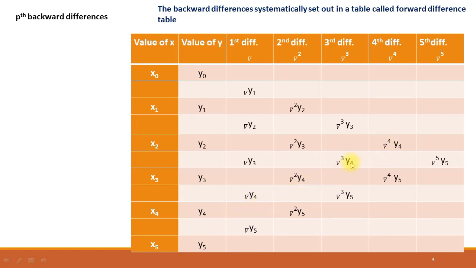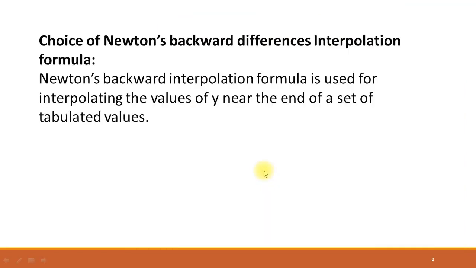So this is the second difference between the Newton forward and backward differences interpolation formulas. So the Newton backward interpolation formula is used for interpolating the value of y near the end of a set of tabulated data.